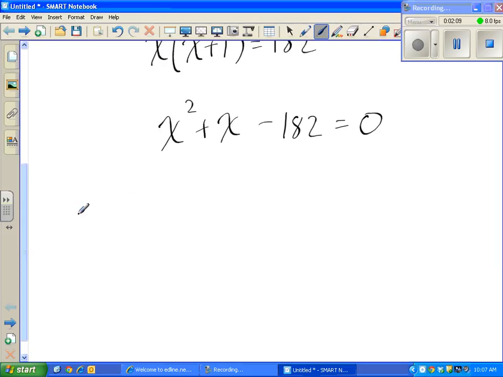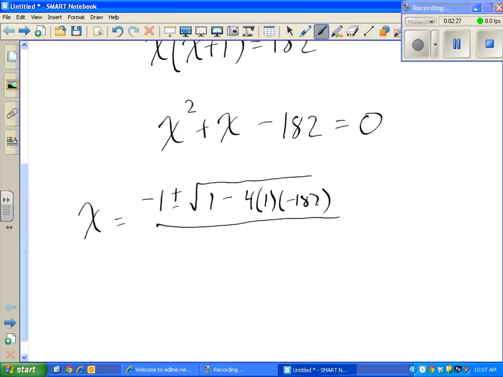So we start out with x equals negative b plus or minus the square root of b squared minus 4. A is 1. C is negative 182. All over 2 times 1.